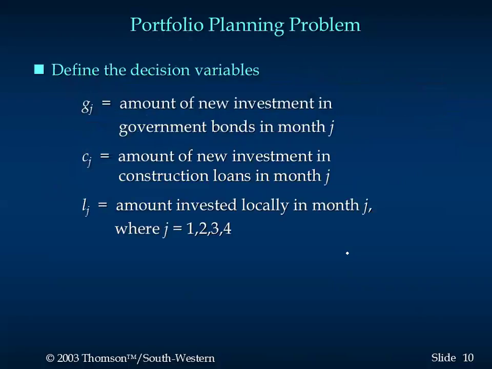Each month we have to decide how much to invest in government bonds. Let's call that GJ, the amount of new investment in government bonds in month J. CJ is the amount of new investment in construction loans in month J. And LJ is the amount invested locally in month J.